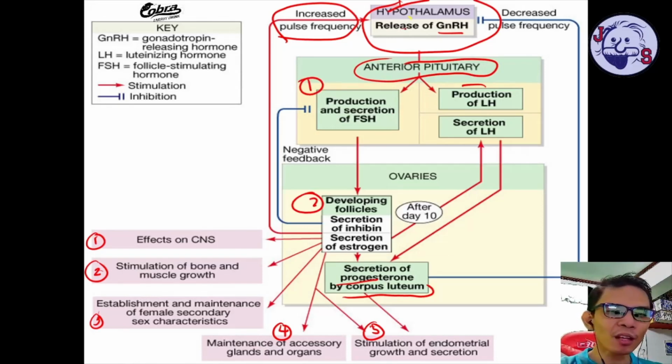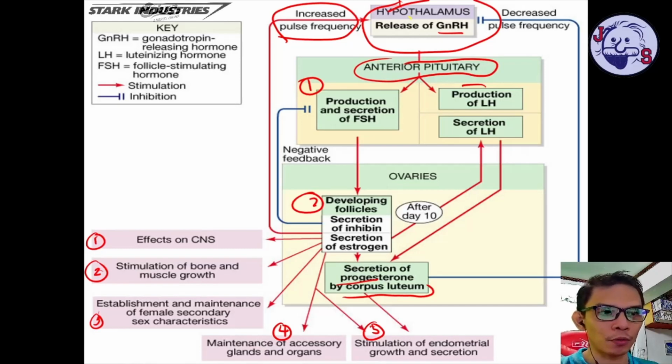After the release of the GnRH, the next part will be the secretion of the follicle stimulating hormone, and that triggers the secretion of the estrogen, and the estrogen will trigger the secretion of the luteinizing hormone, and the luteinizing hormone will trigger the secretion of the progesterone. And that is the overall process needed in the ovarian cycle, number one, and the next one is the menstrual cycle. These are the things that are happening during those two processes.